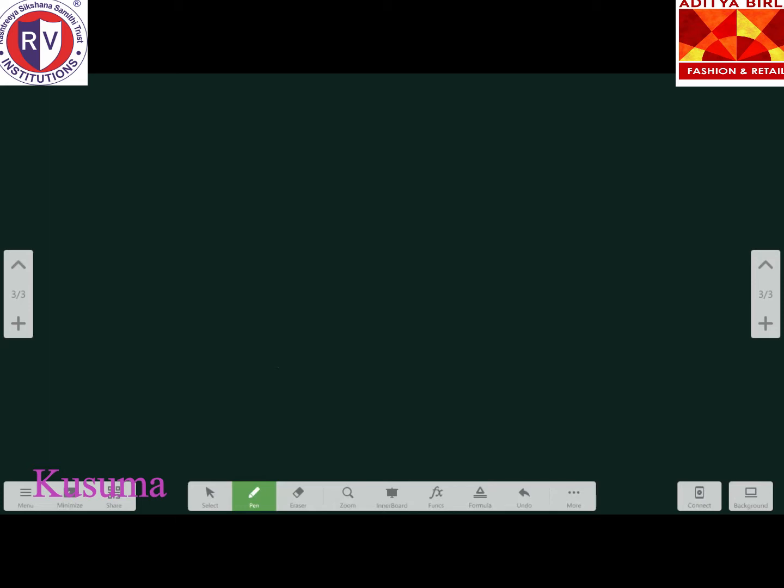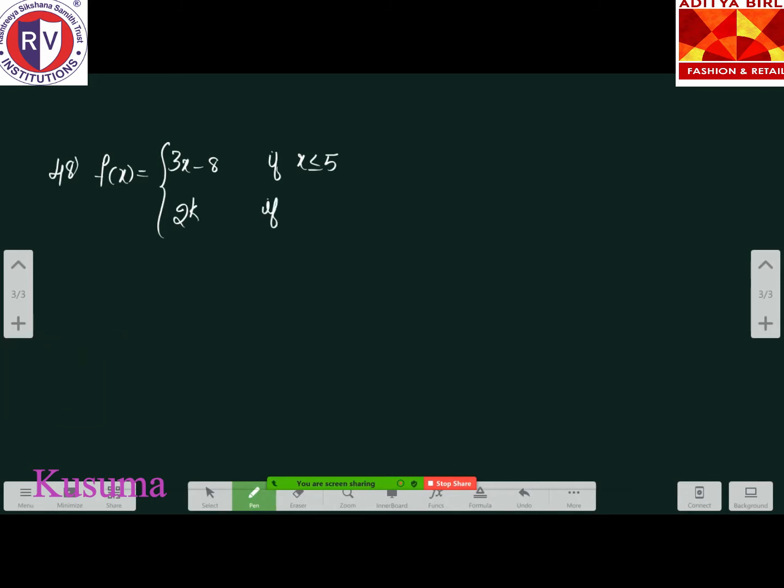This was a question from your 2015 paper. Question number 48. f of x equals 3x minus 8 if x is less than or equal to 5, and 2k if x is greater than 5.